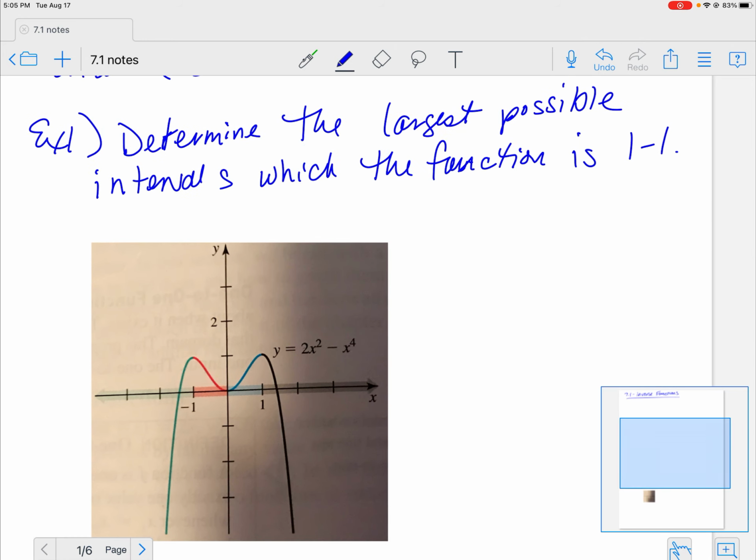Now remember, in order for this to be 1-to-1, the x's or the y's can't repeat, right? So I have to look at this and say, all right, I have to pass the horizontal line test. Where in my graph does it switch over? Right? So I'm going along, and then there's a point where it no longer passes that horizontal line test. What's happening at those places?